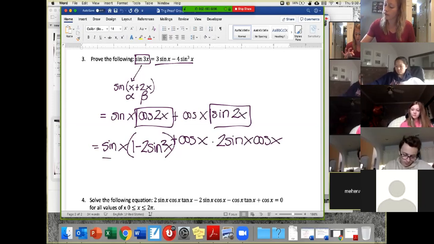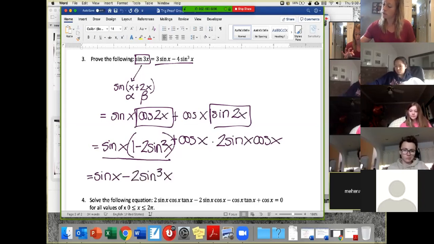What can I do right there? Multiply. So that gives me sine minus 2 sine cubed. And if I multiply out all of this back here, what am I going to get? 2 sine cosine squared.